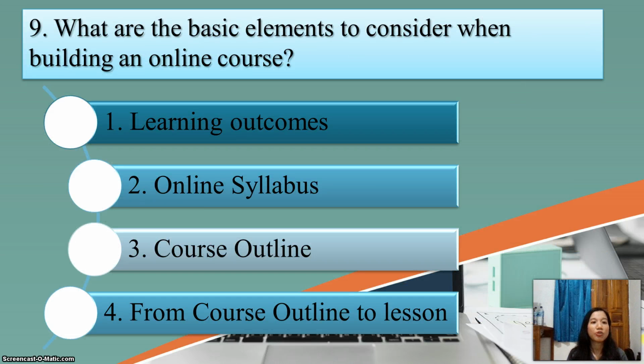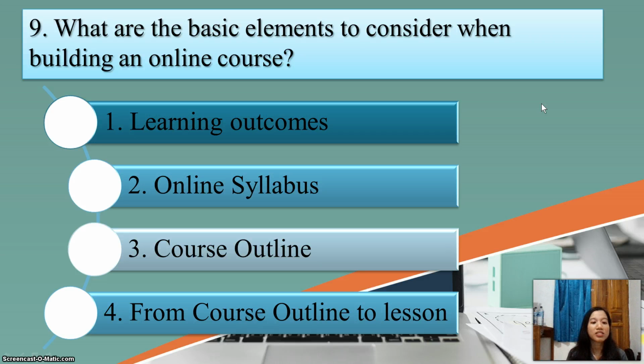And question number 10 is about what the basic elements are to consider when building an online course. Actually, there are several basic elements to consider when building an online course. So the first is learning outcomes.